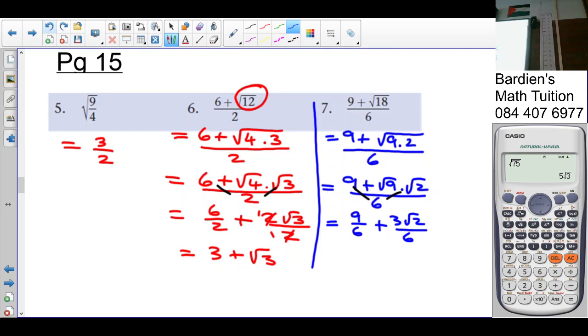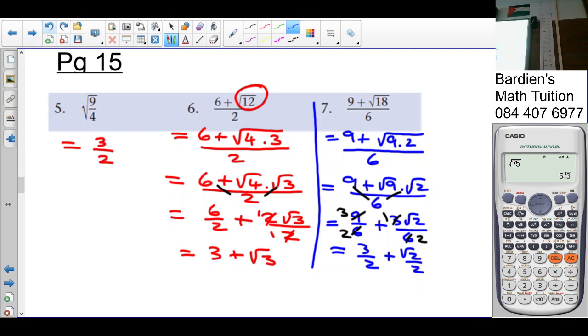Okay? What do we do thereafter? Simplify. 3 goes into 9 3 times, 3 going into 6 twice, 3 going into 3 once, 3 going into 6 twice. So you will have 3 over 2 plus root 2 over 2.